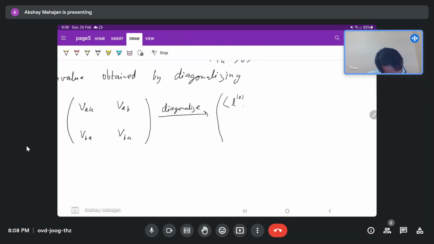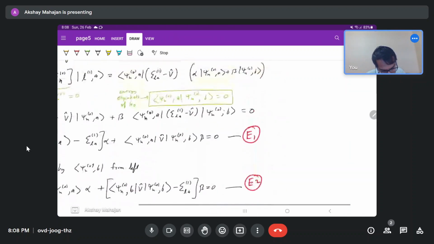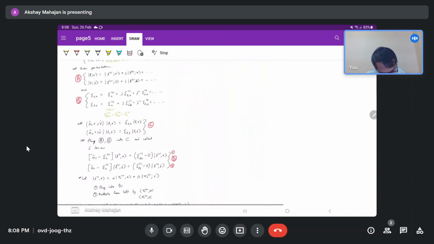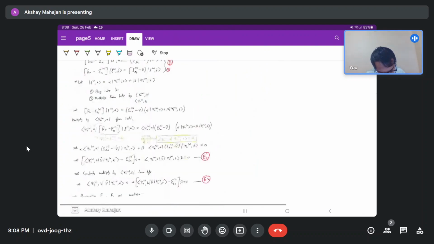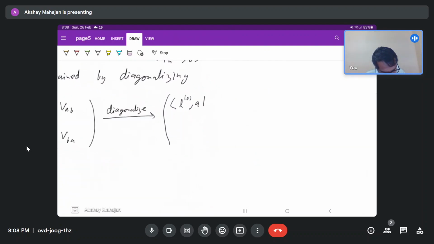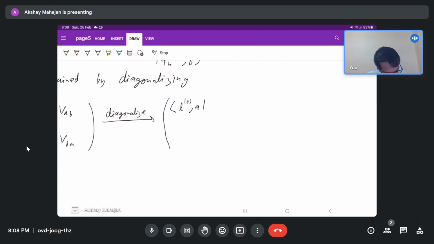We have considered it L0 of A, and they will become L0 of A, L0 of B. So you can write it as a diagonalization of this V cap, L0 of A, 0, 0, L0 of B, V cap, L0 of B.